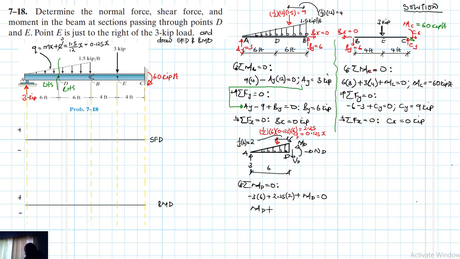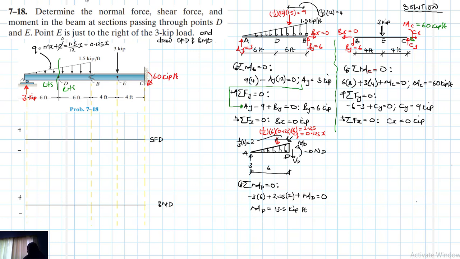Therefore, our MD is just going to be equal to minus 3 times 6 and plus 2.25 times 2. So this gives us a positive 13.5 kip-feet.